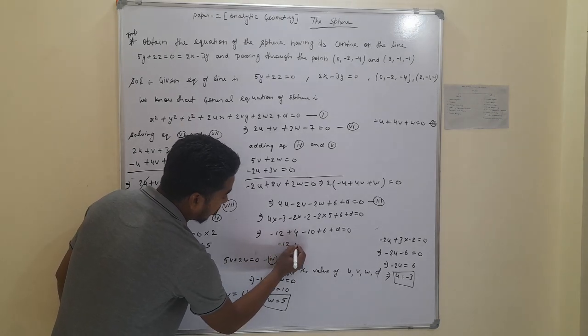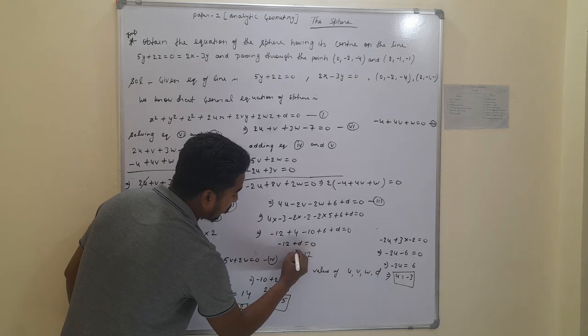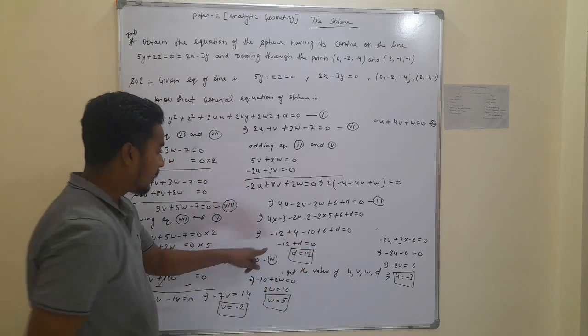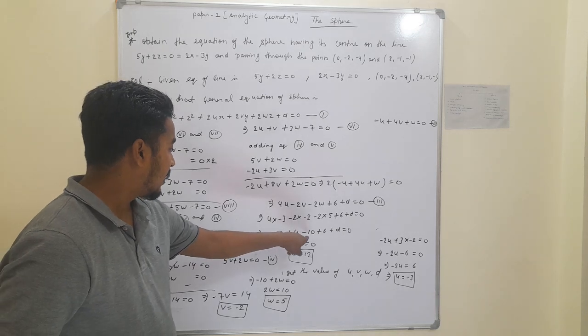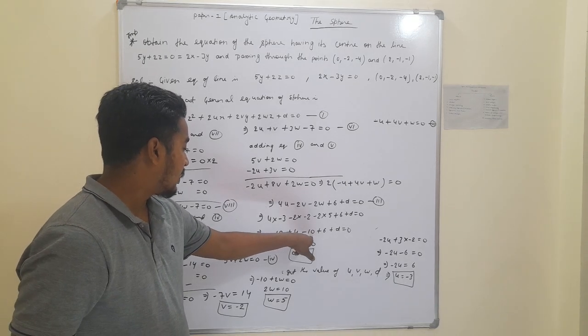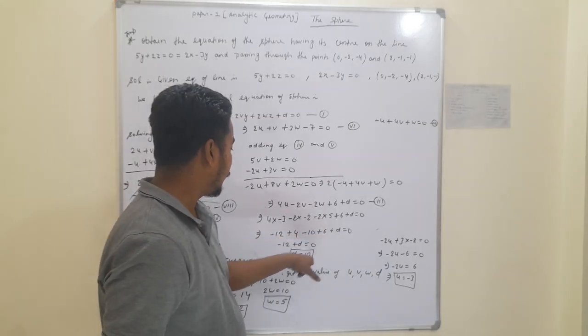Minus of 12 plus of d is equal to 0, we get d is equal to 12.